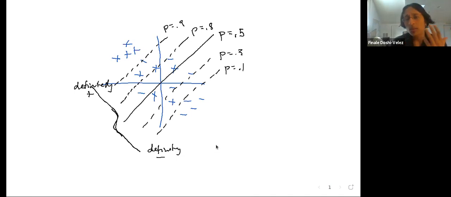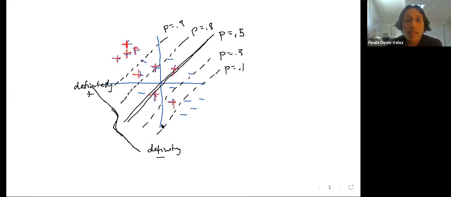And then we have a choice, right? As designers of the system, we do not have to pick p equals 0.5, for example, to be our decision boundary. Let me make these pluses red so they're easier to separate out.